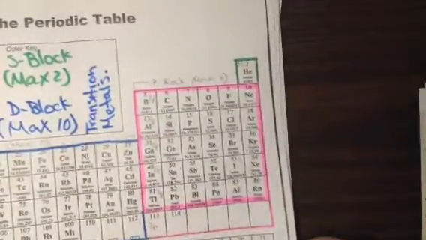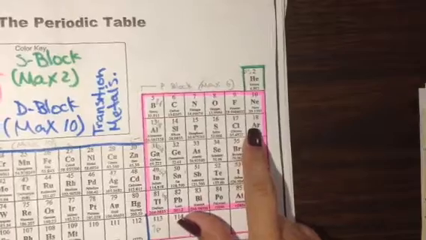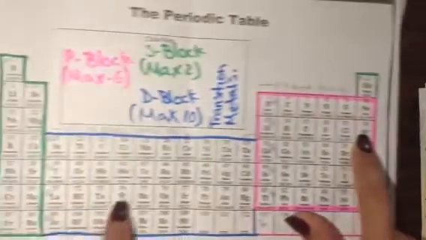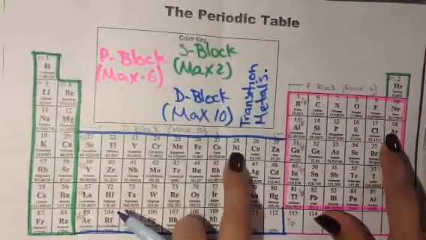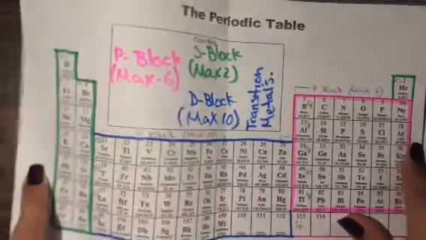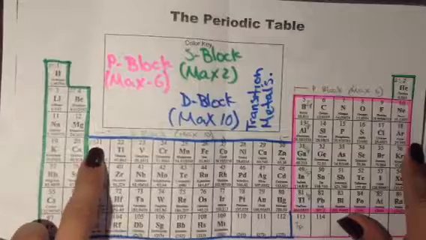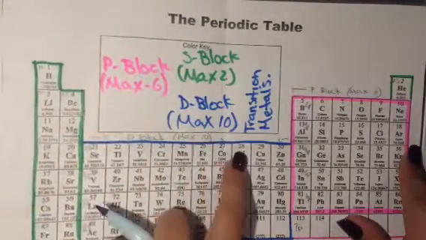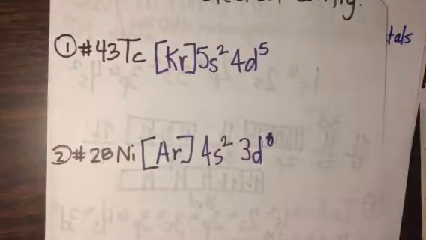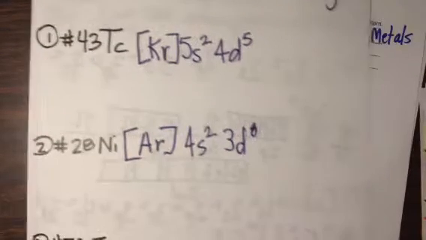We started at argon and we're trying to get to nickel. So it's 4s2, 3d, 1, 2, 3, 4, 5, 6, 7, 8. 3d8. And you're done. So this is the shortcut way.